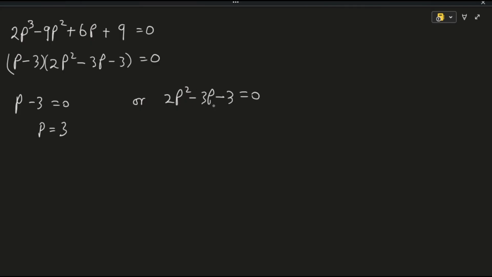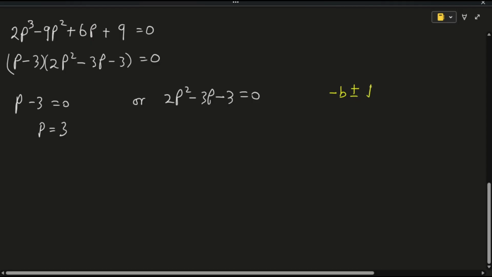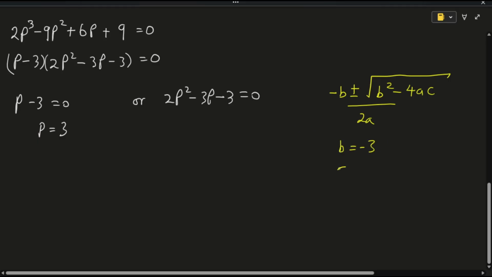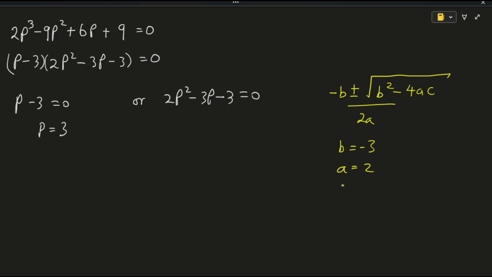Let's apply the quadratic formula to determine the values of p for which this expression is true. So our quadratic formula to guide us. So from the equation, a is 2 and c is -3.